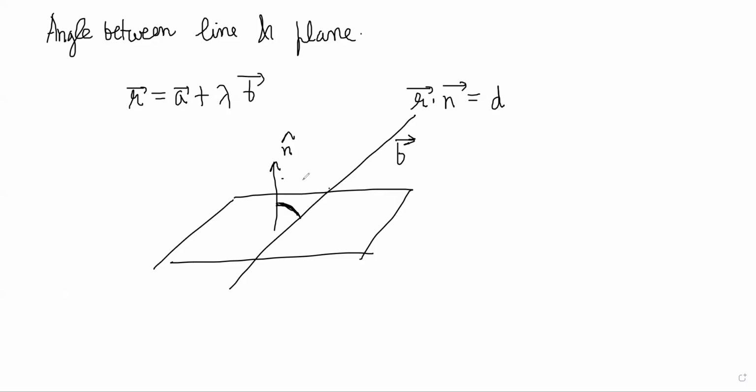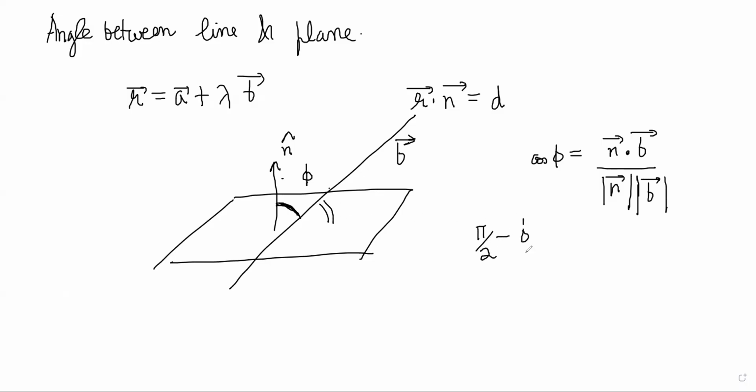If I call this angle phi, then cos phi should be N dot B divided by mod N mod B, right? Once we find cos phi, the required angle between the line and plane is simply pi by 2 minus phi.